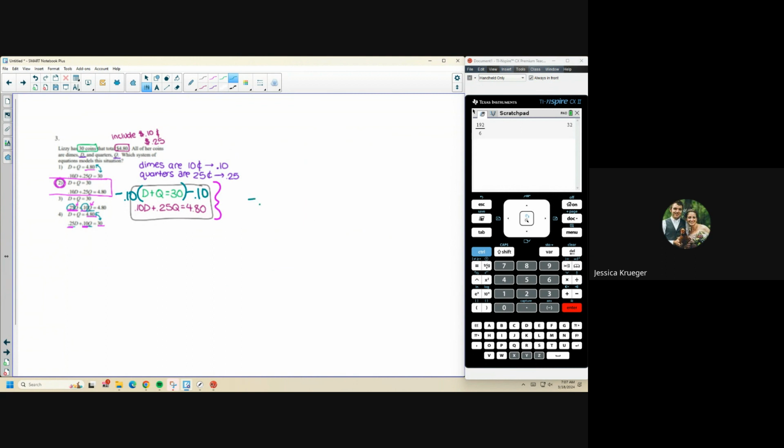So you get negative 0.10 D minus 0.10 Q equals negative 3, because negative 0.1 times 30 would give you negative 3. I'll carry my second equation underneath, so 0.10 D plus 0.25 Q equals 4.80.